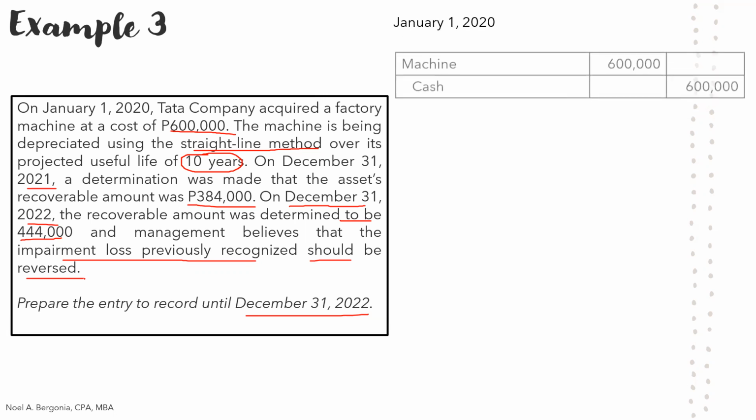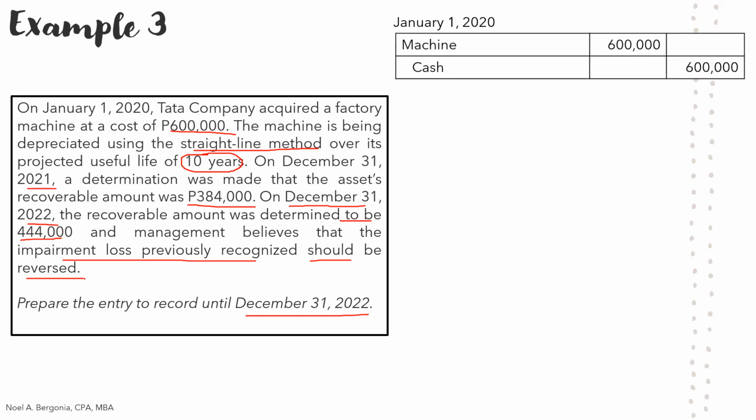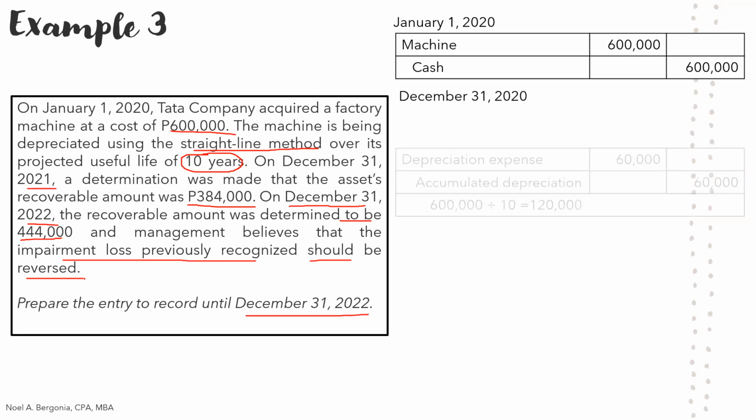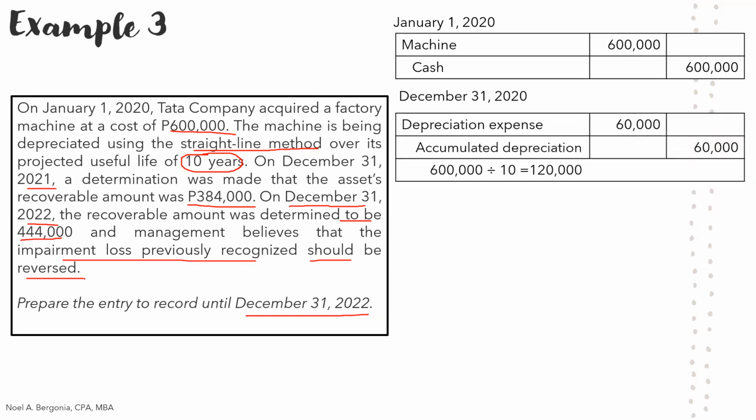So we debit machine 600,000 and credit cash 600,000. Okay, that's easy. Next would be on December 31, 2020, a year after, we depreciate the asset. So we debit depreciation expense 60,000 and credit accumulated depreciation 60,000.